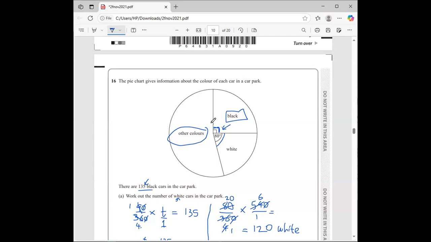Then you may have had to work out the remaining angle for other colors. Had they not asked for white, and just said, what's the number of other colors of cards, then you'd have had to work it out. And to work it out is to simply subtract the sum of 90 and 80 from 360. That's all.